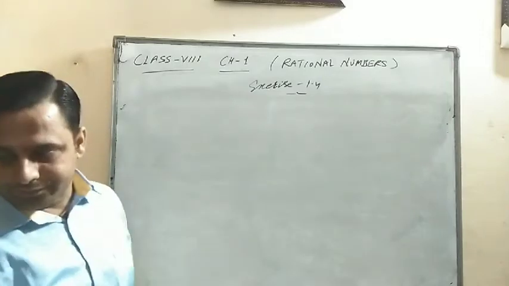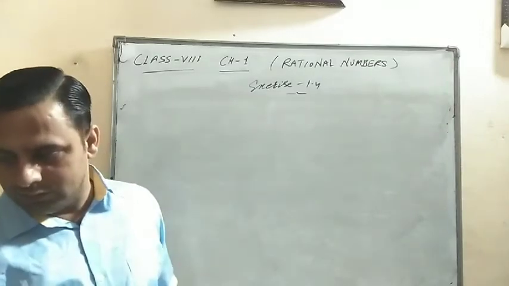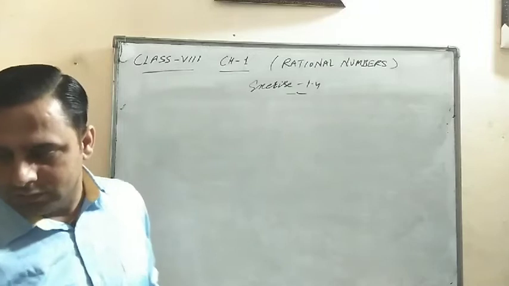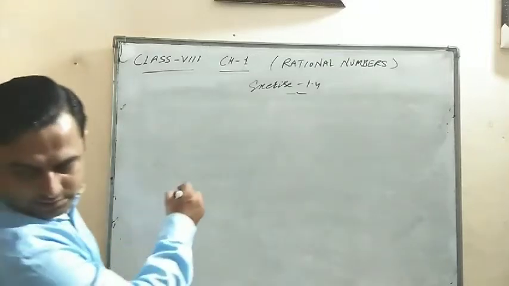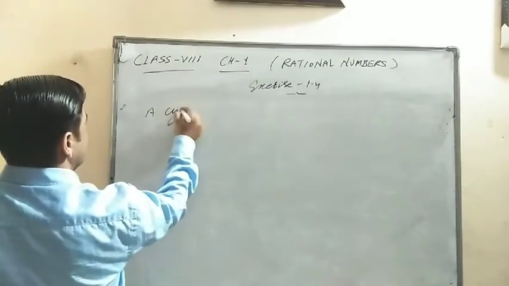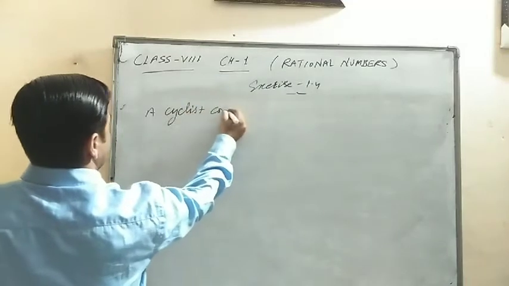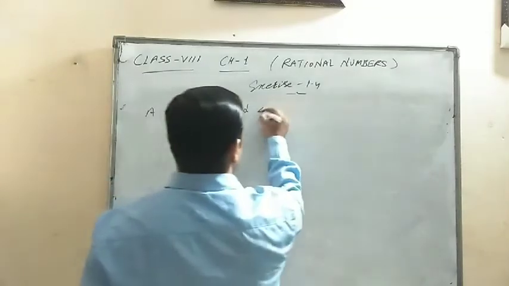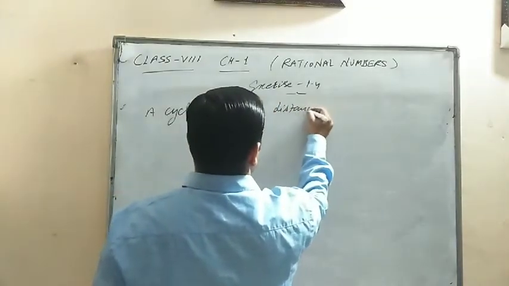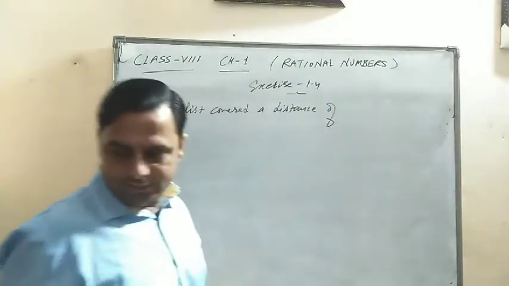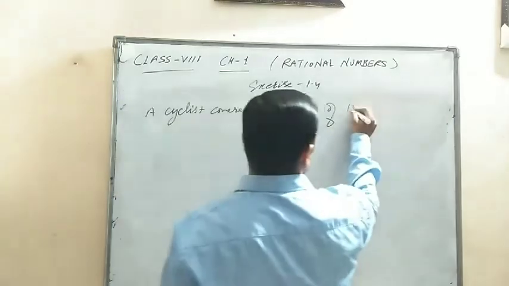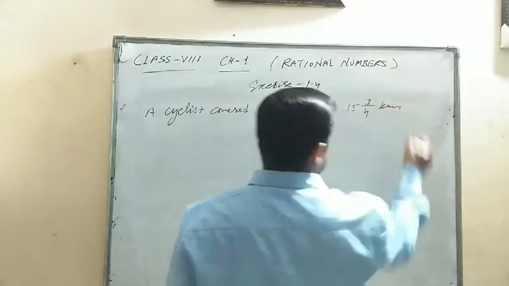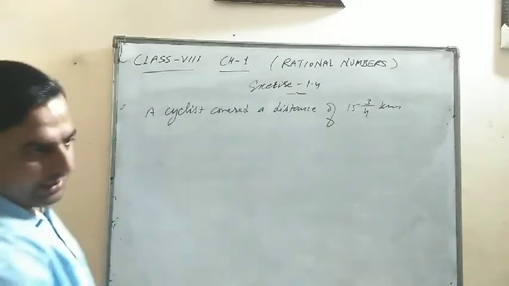The next sum is: a cyclist covers a distance of 15 whole 3 by 4 kilometers in a day.